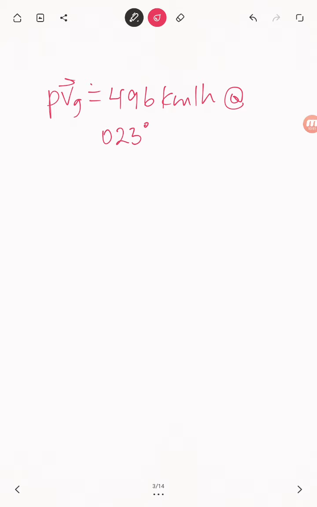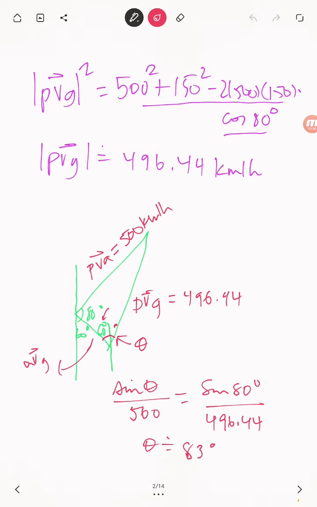Therefore, PVG has an approximate magnitude, let's just round that down to 496 kilometers per hour at a bearing of approximately 23 degrees, because 83 degrees minus the 60 is 23 degrees.